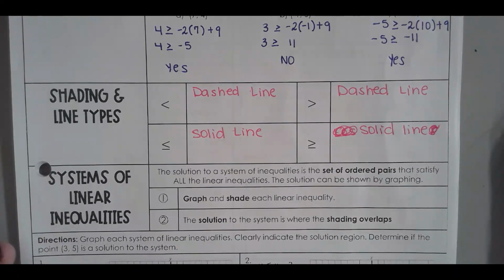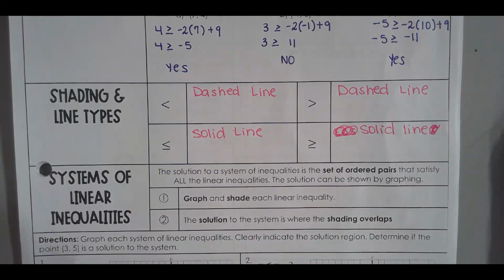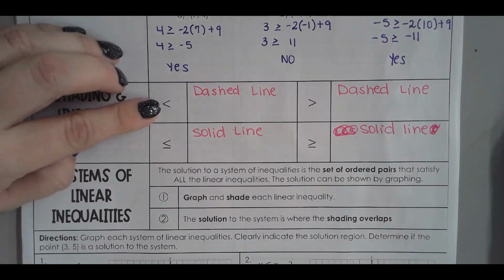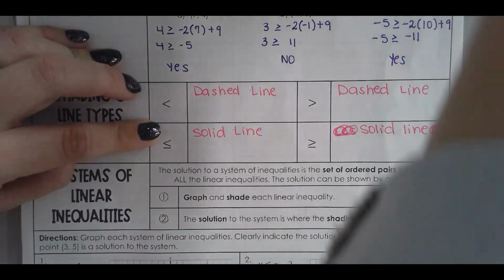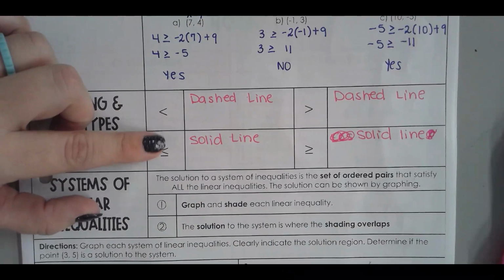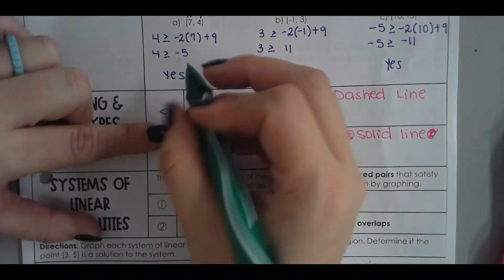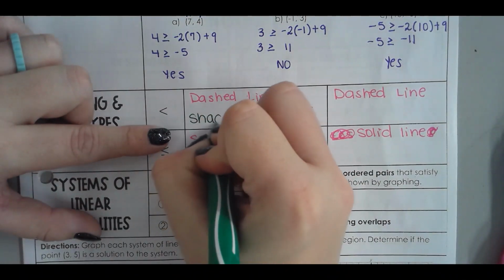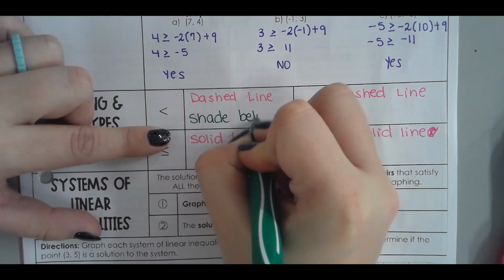Now the shading, we're either going to shade above our line and color above, or we're going to shade below. The less than symbols are shaded below. So both of these are shade below.